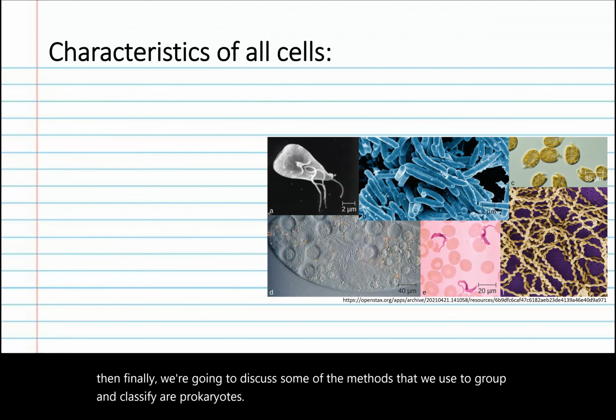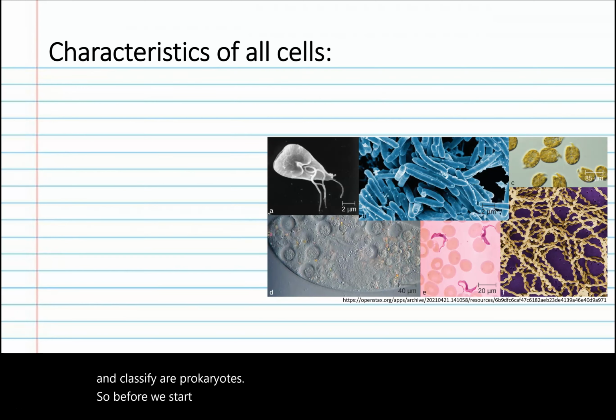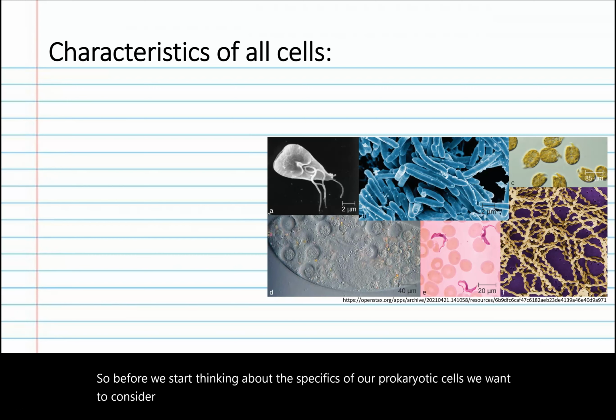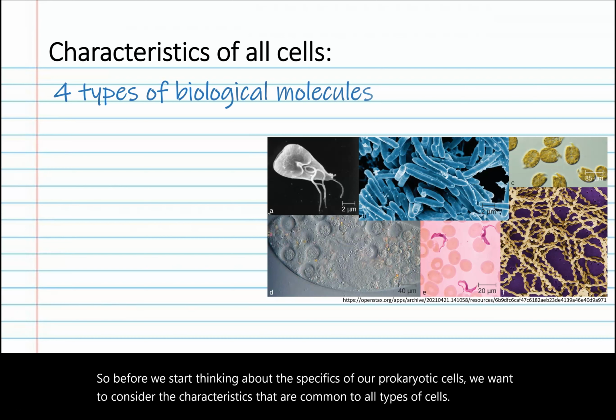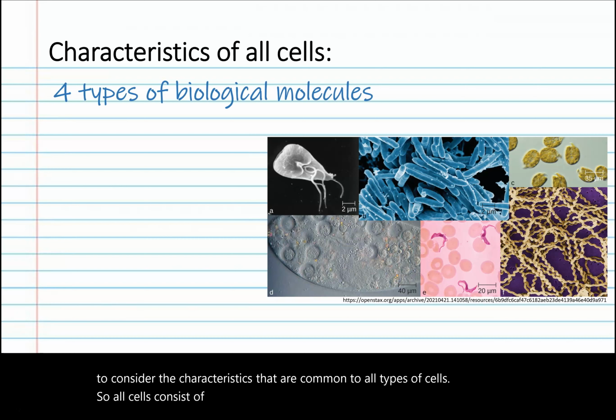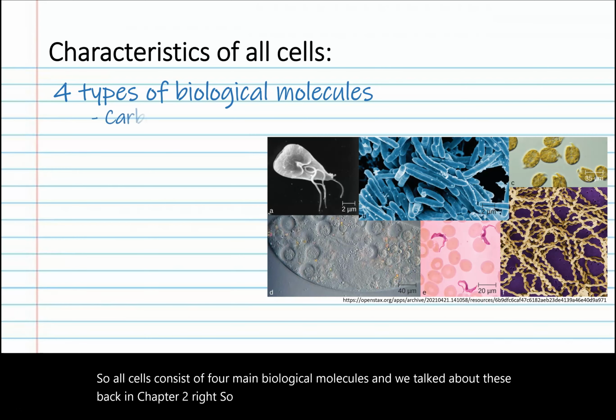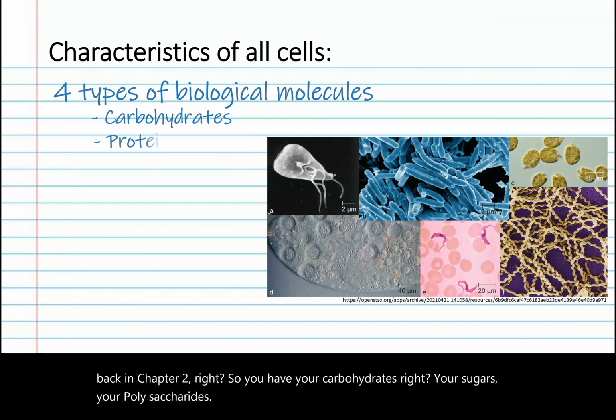So before we start thinking about the specifics of our prokaryotic cells, we want to consider the characteristics that are common to all types of cells. So all cells consist of four main biological molecules. And we talked about these back in chapter 2, right? So you have your carbohydrates, your sugars, your polysaccharides. We have our proteins.